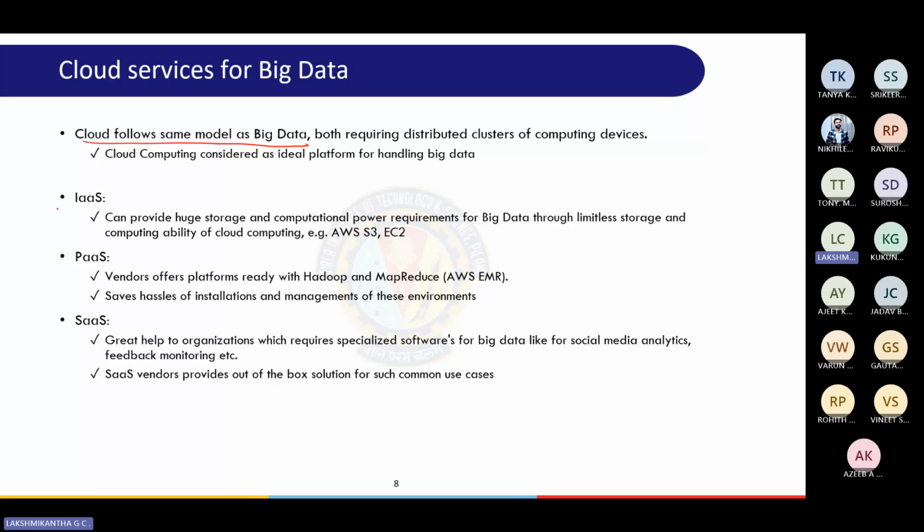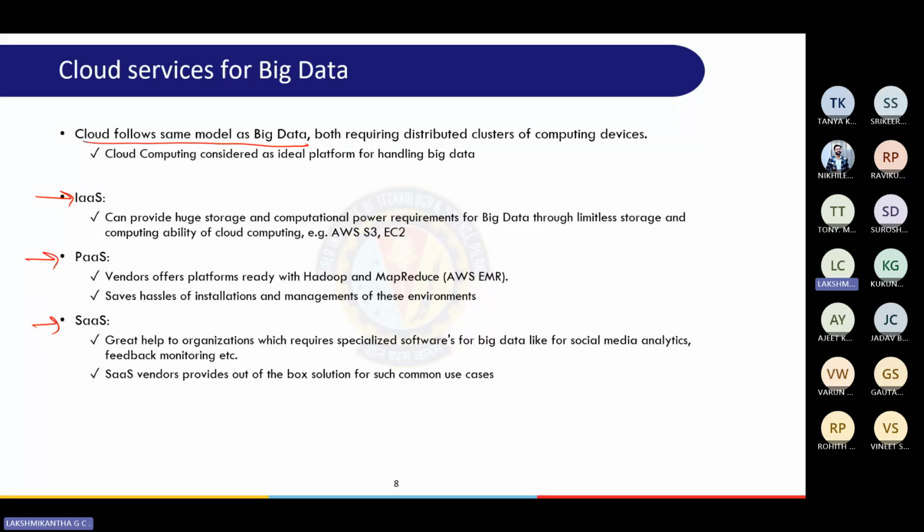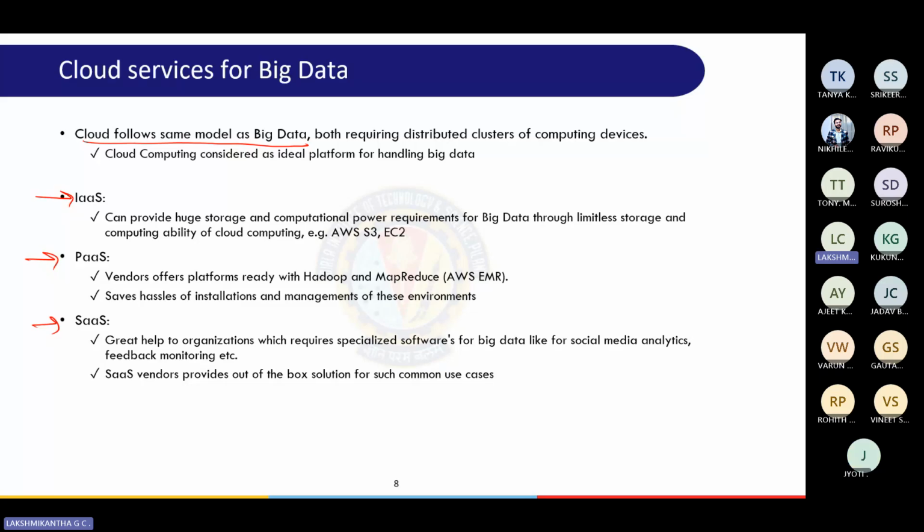The very first one I'm taking here is infrastructure as a service. Guys, this provides the fundamental building blocks. It provides huge storage and computational power. You get access to virtual servers and raw storage. So what are the big data benefits?